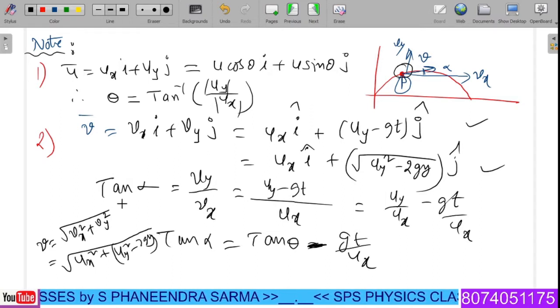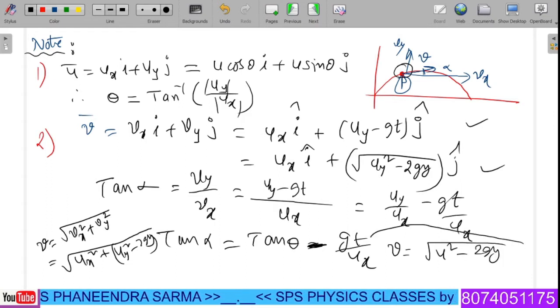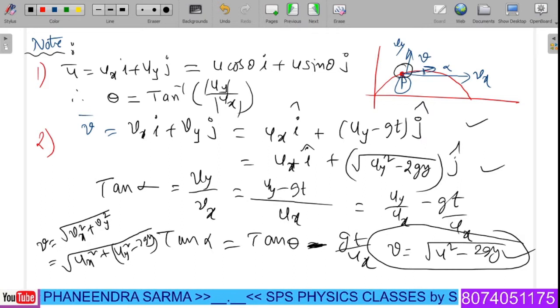Upon solving, Ux square plus Uy square is nothing but u square, the speed. Therefore, the speed of the particle V is equal to root of u square minus 2gy, which we use whenever height y is given in the problem.